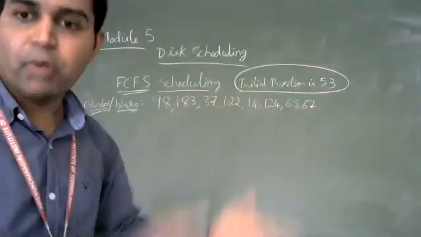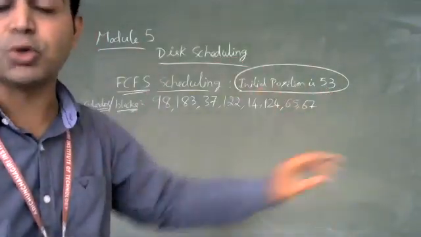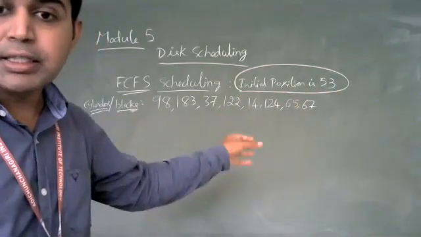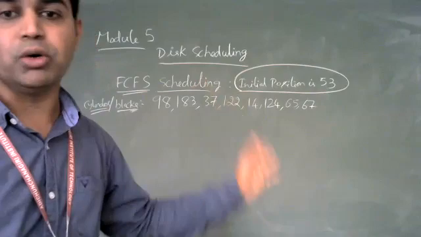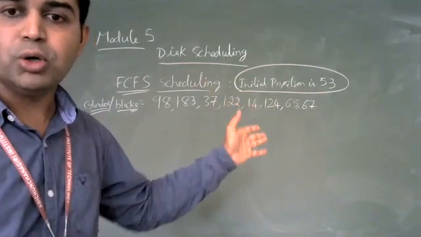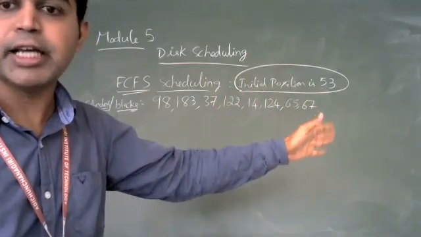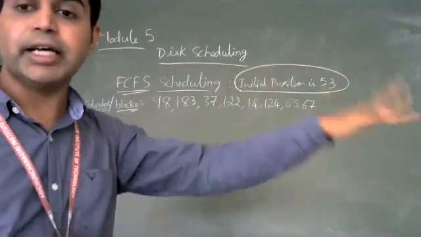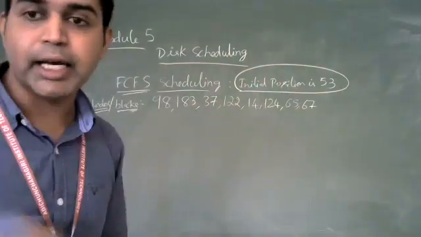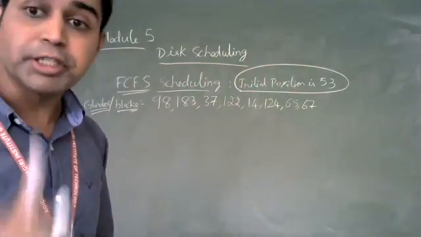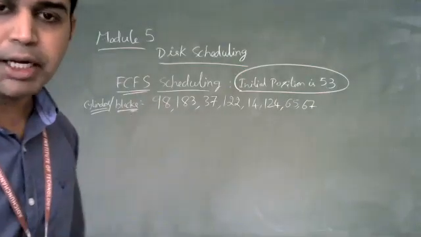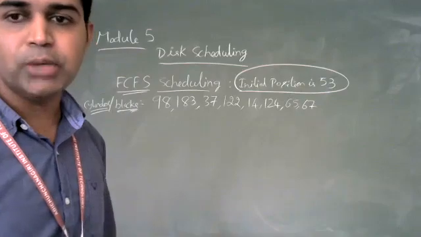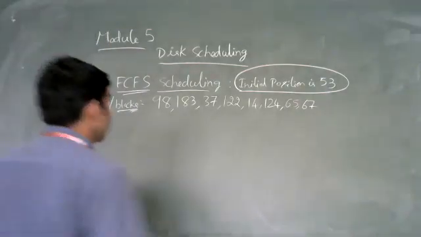Our read-write pointer has to move in that particular order only. First it moves to 98, next to 183, next to 37, traveling your entire hard disk. That is called first come first serve. Clear with that? Let us solve it; please try to take it down in your book also.